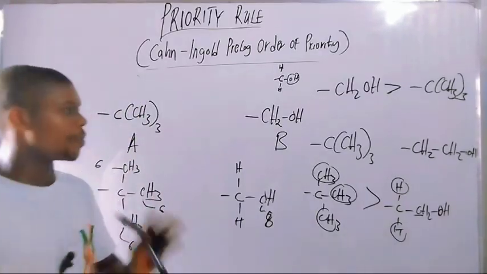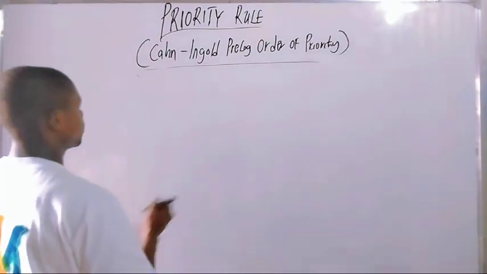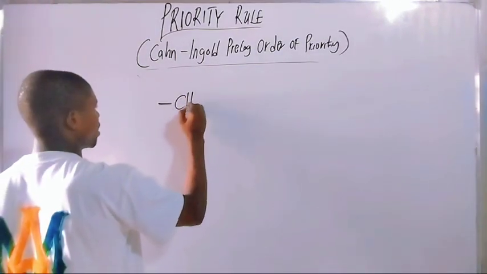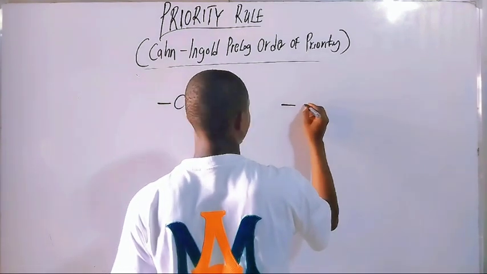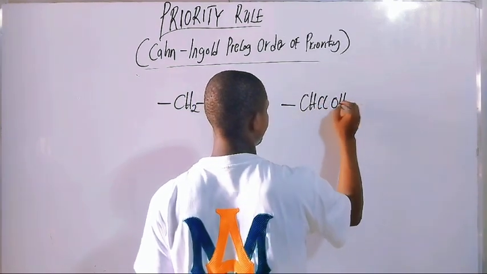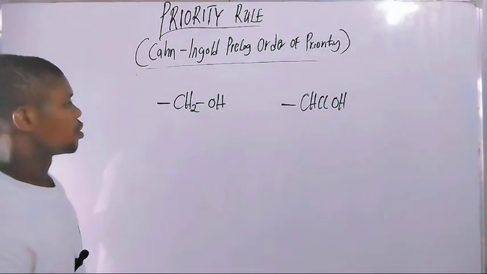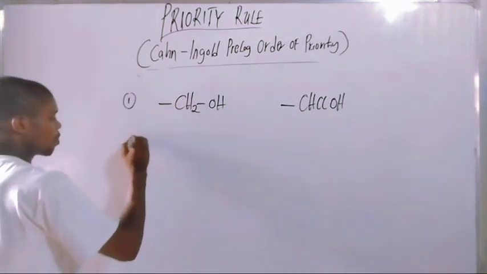Rule number 4. So let me give you one for you to try. If for example here we have CH2OH and you have CHClOH. Now let's say this one is number 1, number 2.